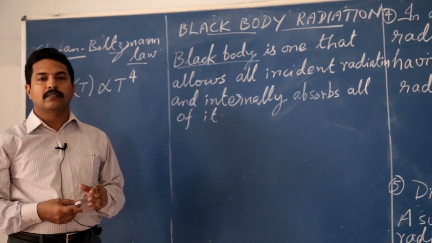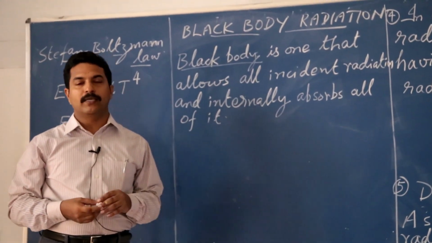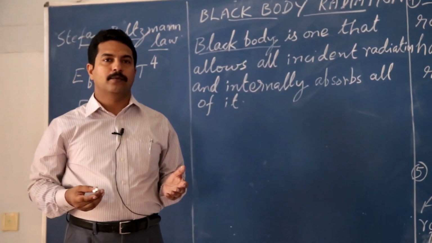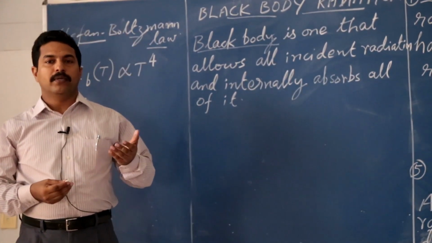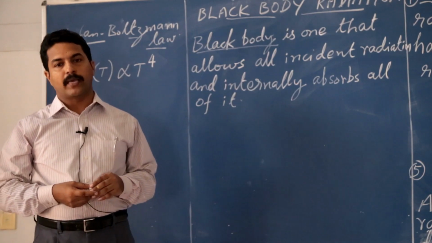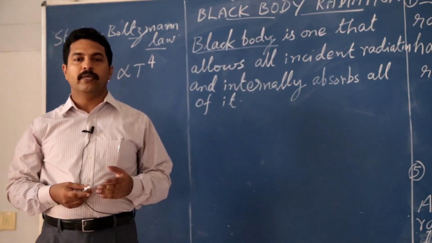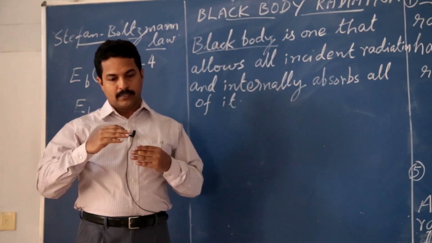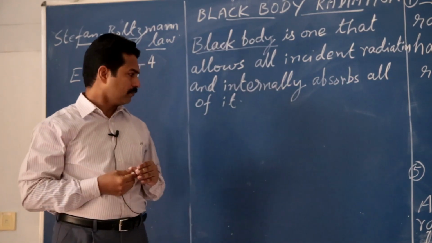There is no perfectly black body available, but this is an idealization, because by the concept of this black surface or black body, we will be in a position to compare the real surface and other things. So this is somewhat an ideal case.